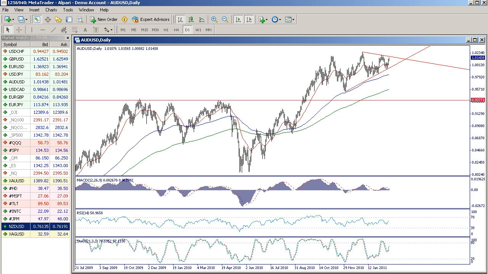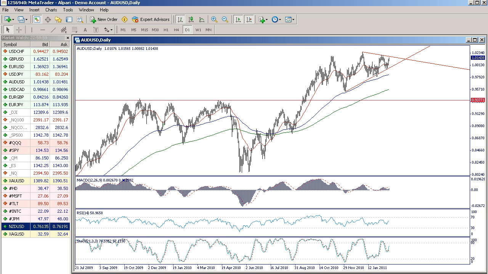Going to the Aussie chart, this is Australian dollar, USD dollar. Notice this is a very bullish chart here, which means the US dollar is getting weaker. The Aussie has advanced nicely for the past several months, and right now there is a consolidation here in the form of a bullish triangle.